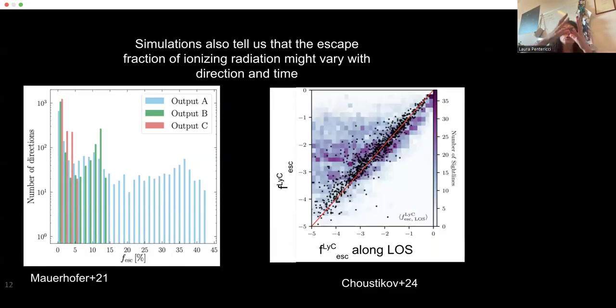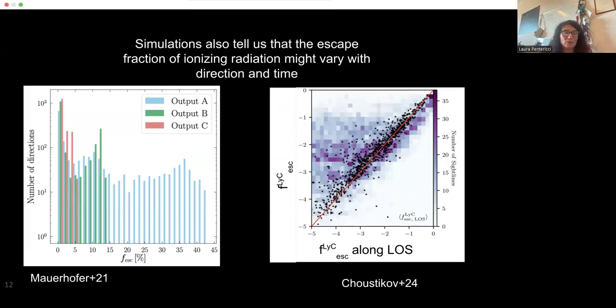If you happen to look at the source along a very clear pathway, you might see this Lyman continuum radiation. But of course, we don't really look at sources in different directions. We can do this in simulations, and in simulations, you can look at the same source from different directions. The same source will appear as a Lyman continuum leaker or not, depending on which channel you look through.